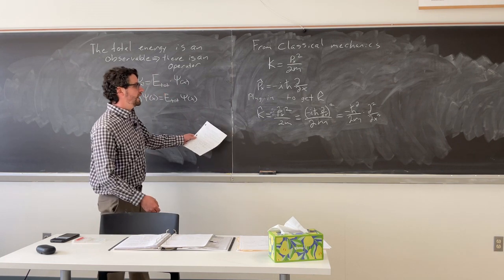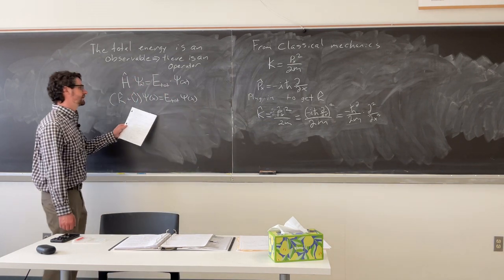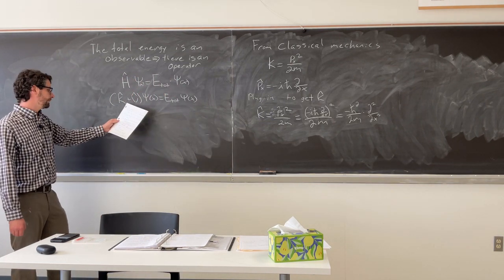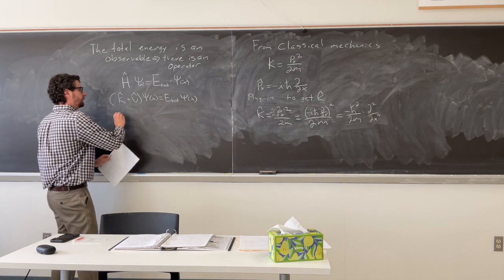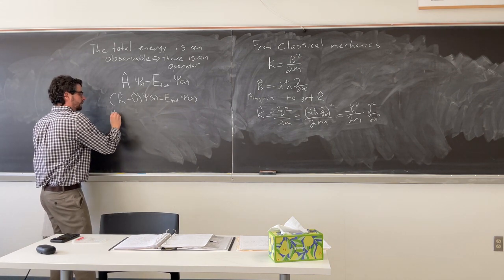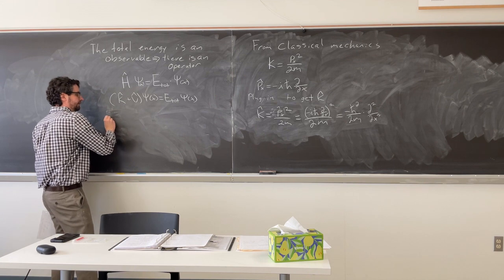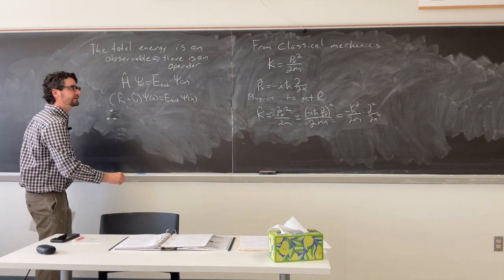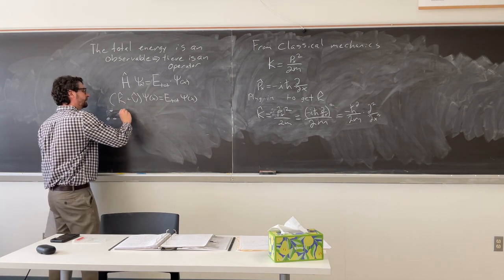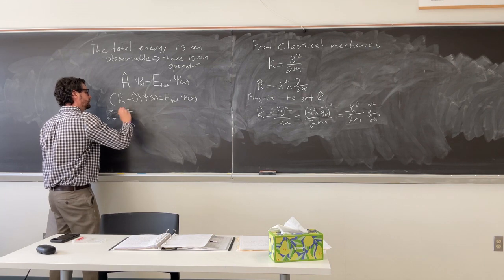Okay, so now we can change this expression a bit. So therefore, let's just plug in stuff here. We get negative h bar squared over 2m.